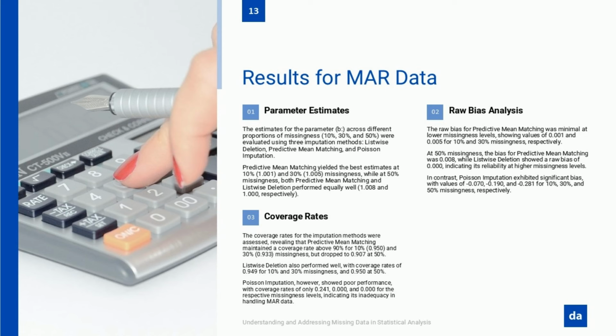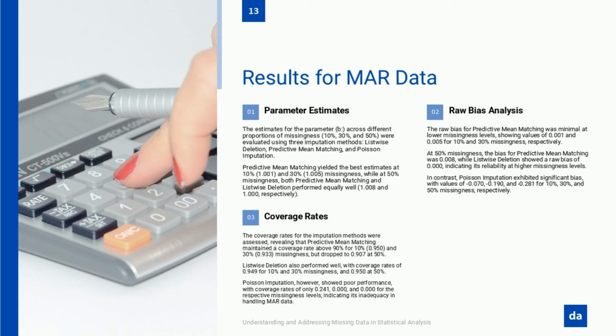PMM proved it could handle MCAR with poise, maintaining coverage rates of 0.950 at 10%, 0.933 at 30%, and a respectable 0.907 at 50%. Sure, it stumbled a bit at the highest level of missingness, but it stayed in the race. Listwise deletion. Steady as ever, it clocked coverage rates of 0.949, 0.949, and 0.950.